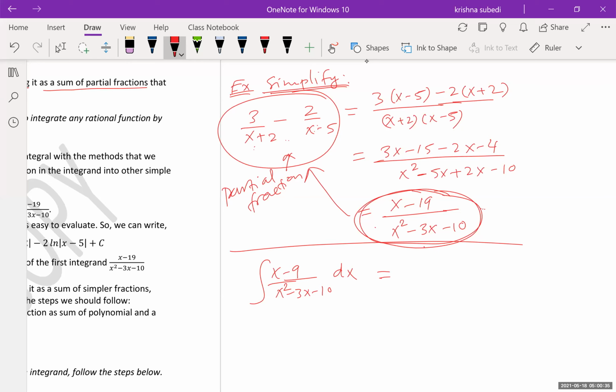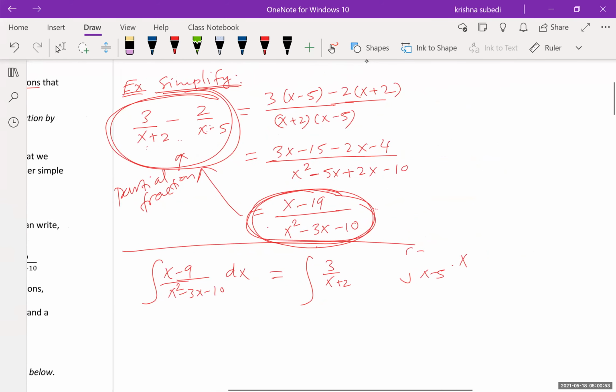So what you can do in this case is, if you know that this fraction is equal to these two fractions, you can write this as the integral of 3 over x plus 2 dx minus the integral of 2 over x minus 5 dx, right? You can write that, because this fraction is actually this plus this.